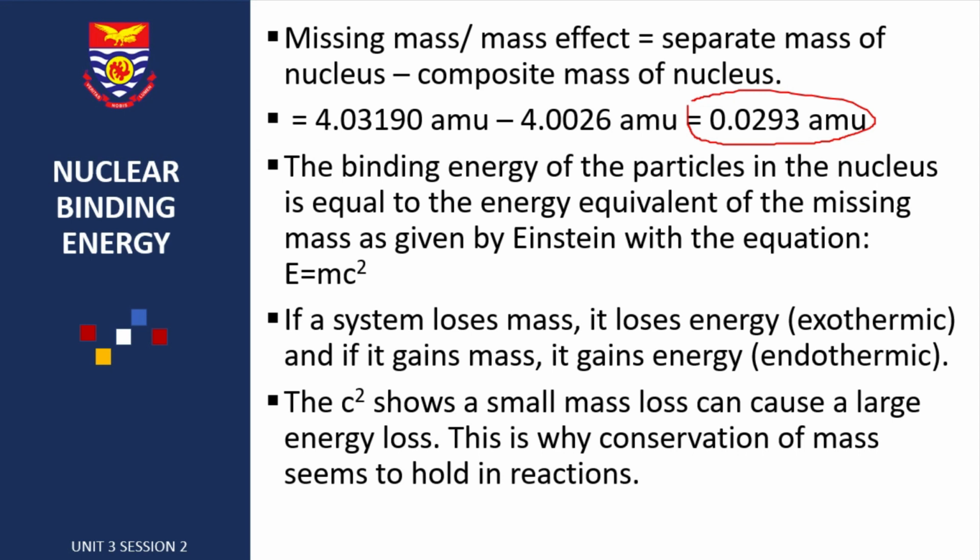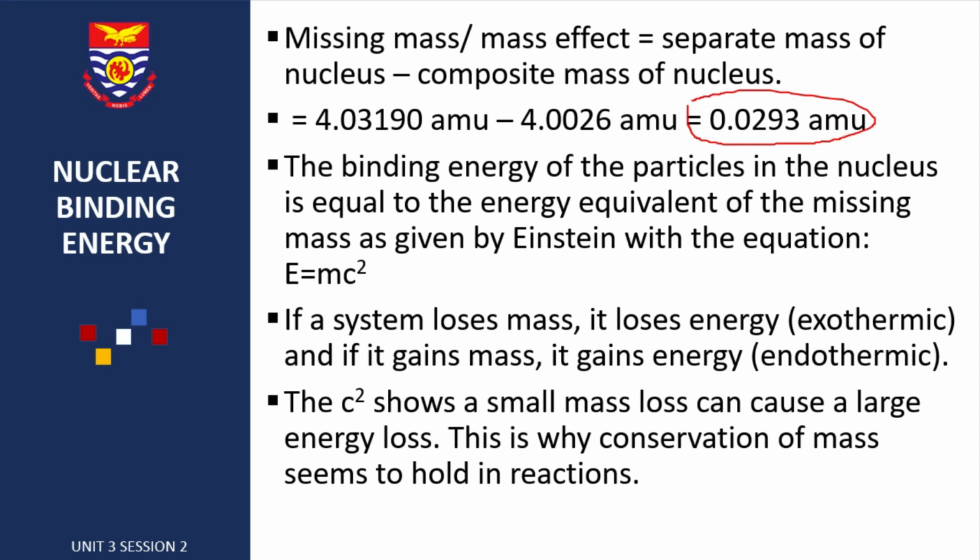where the binding energy is given by the mass times the speed of light squared. So if we know the speed of light, which is approximately 3 times 10 to the power 8, we can substitute for E to get the binding energy. If a system loses mass, it loses energy, and if the system gains mass, then in a way it's gaining energy.